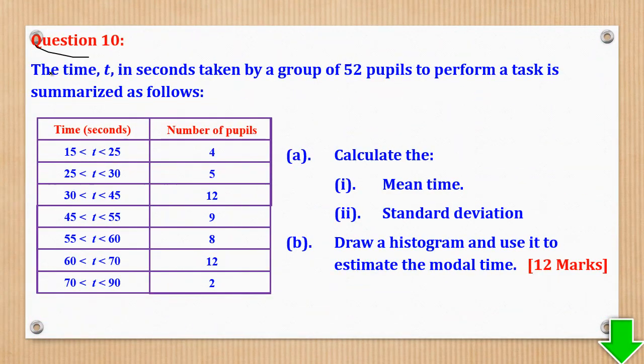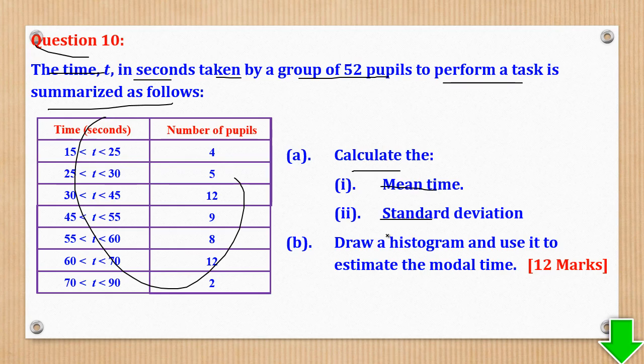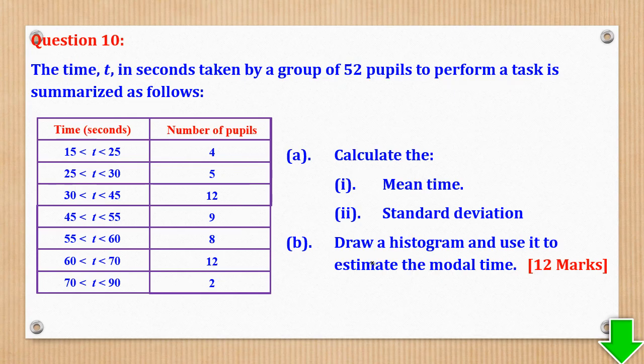Then question 10, the time t in seconds taken by a group of 52 pupils to perform a task is summarized as follows. Calculate the mean time, standard deviation, and then draw a histogram and use it to estimate the modal time.